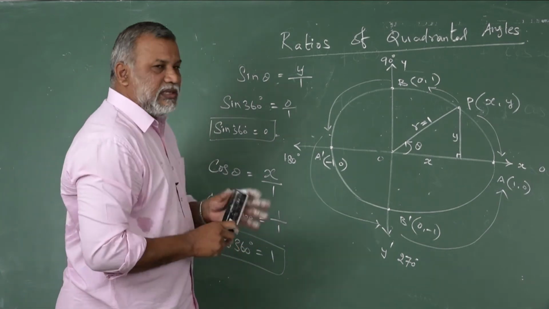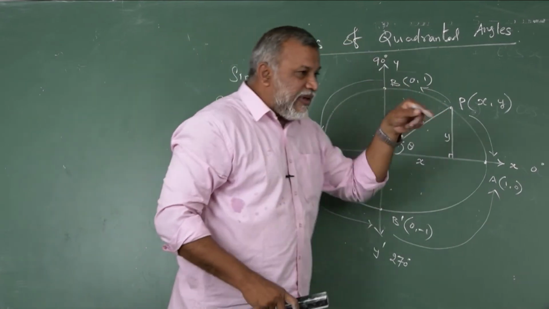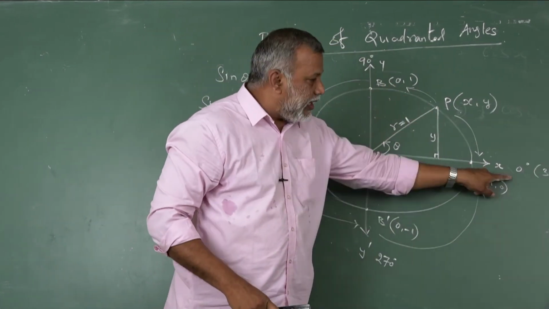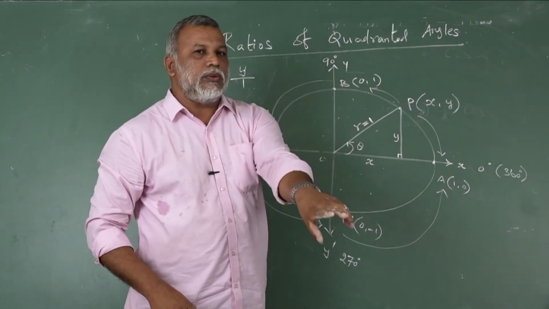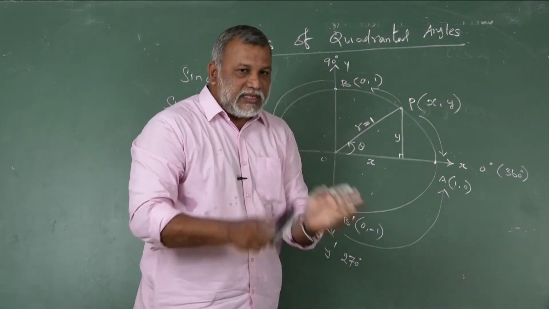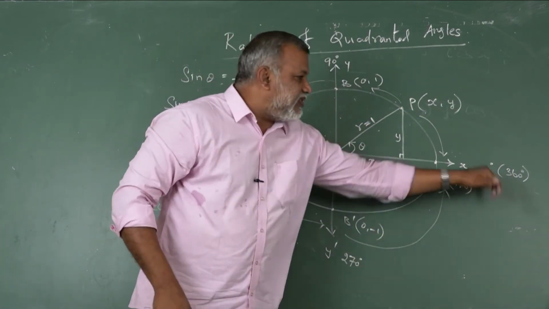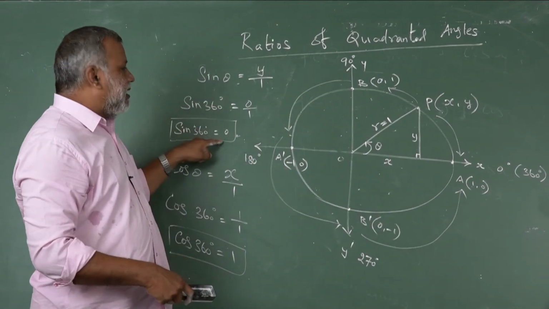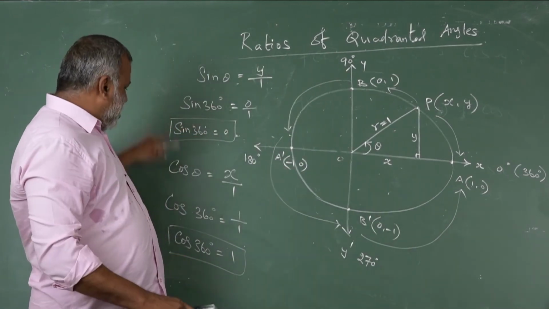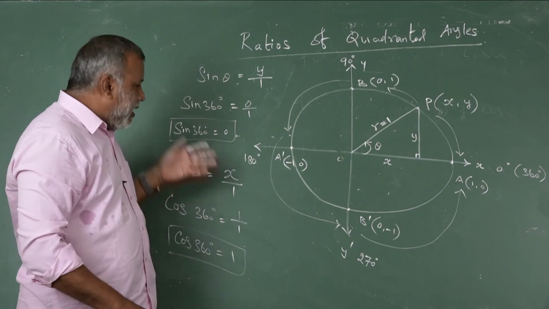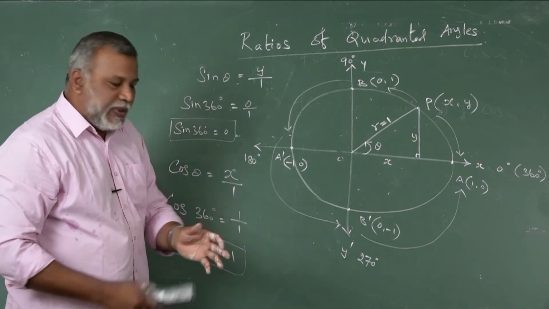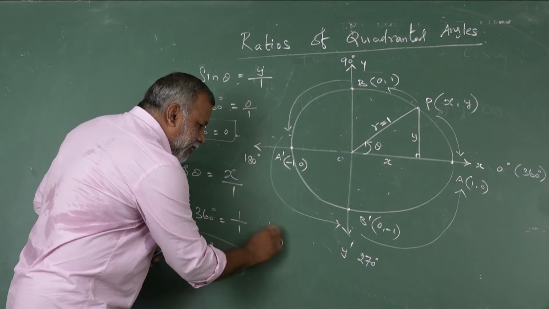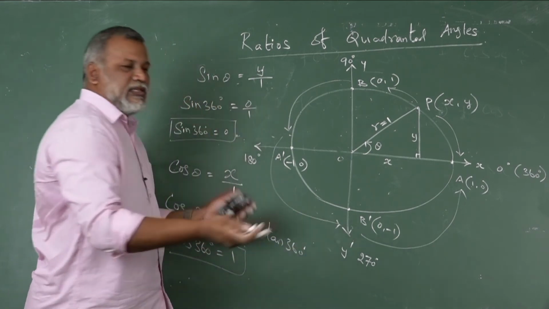Now listen one concept. What are the values taken in 0 degree? Sin 0, 0, cos 0, 1. The same result is also for 360 degree after completing one rotation. See here, sin 360 equal to 0, cos 360 equal to 1. From this you can develop tan 360 and 3 reciprocals.